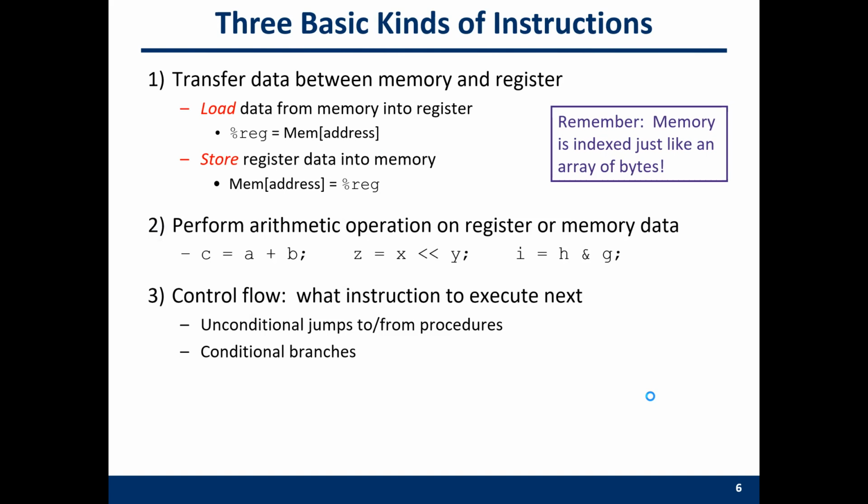The second type is a typical arithmetic and logic operation, where A, C, X, Y are all registers. And then we have some control flow. So we need to understand how these 3 types of instructions are processed by the 5-stage pipeline.